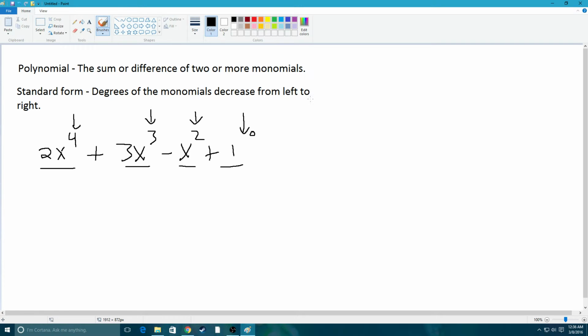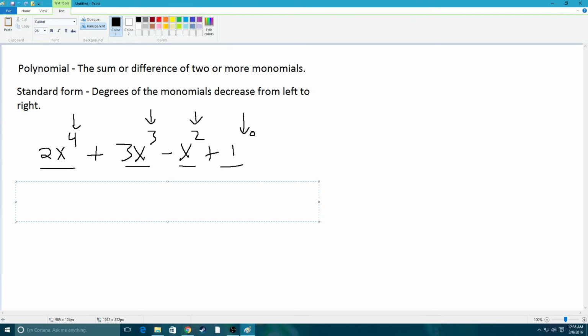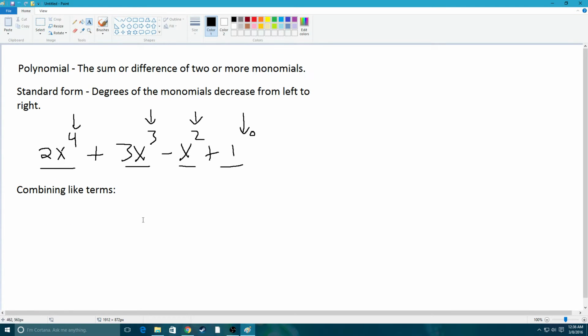So we can add polynomials together by combining like terms. Let's say you got something like 2x squared plus 7x squared.